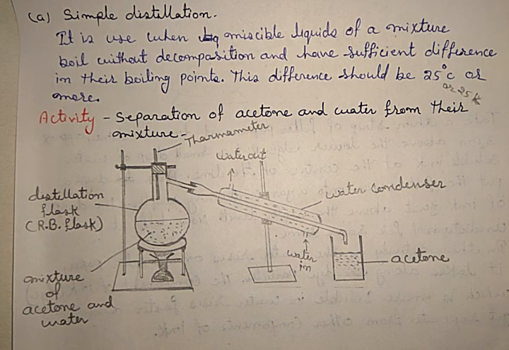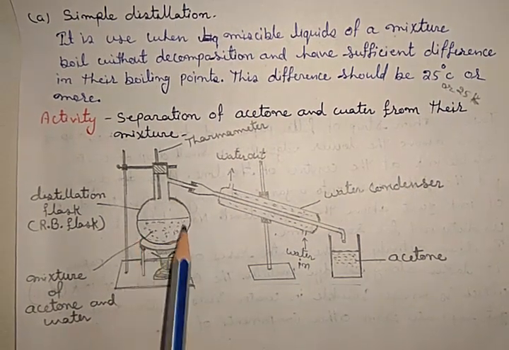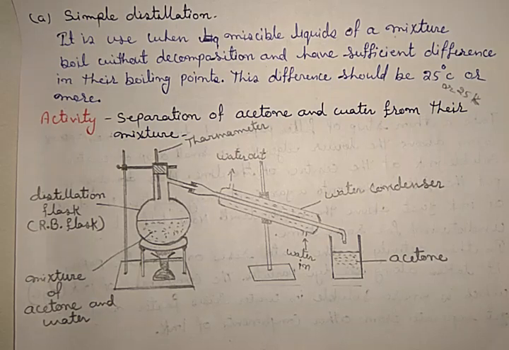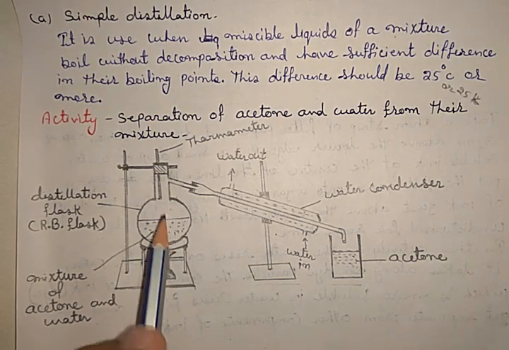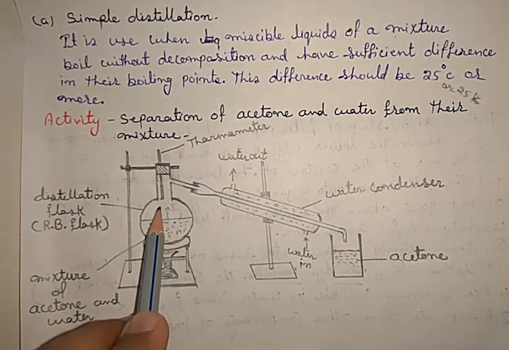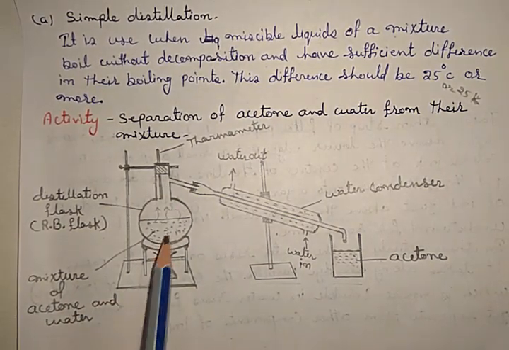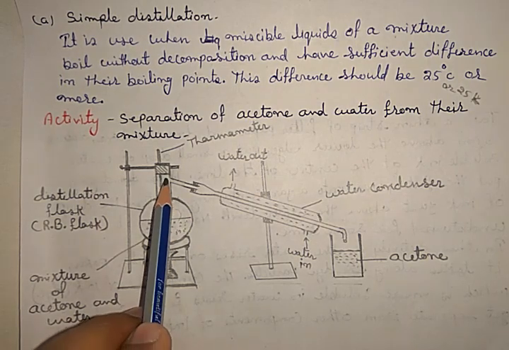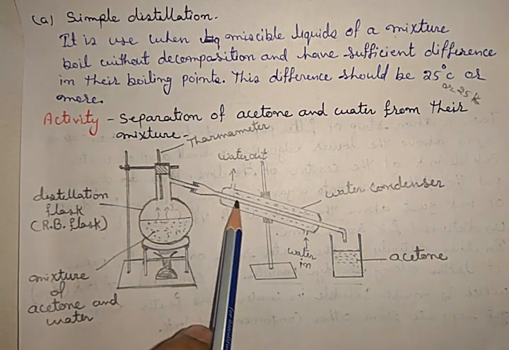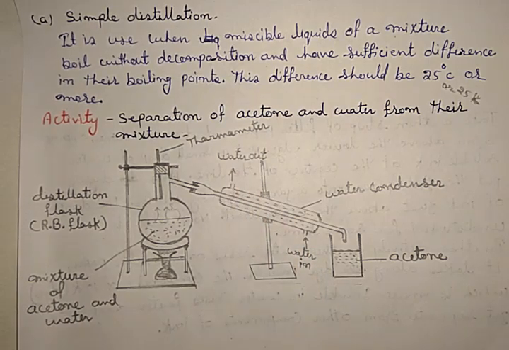So the boiling point of acetone is lower. When the temperature of the distillation flask reaches 56 degrees Celsius, the acetone starts to evaporate and converts into gas form. This acetone now passes through the condenser assembly where it comes in contact with the cold water.